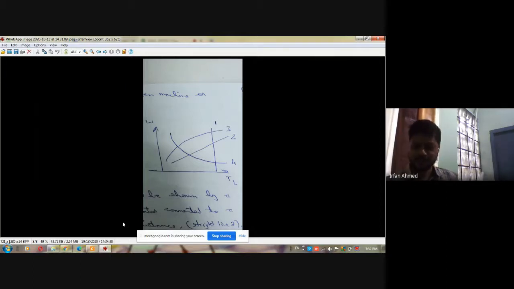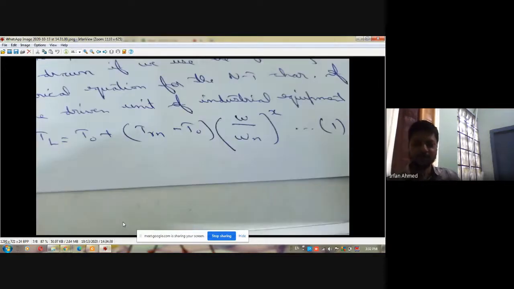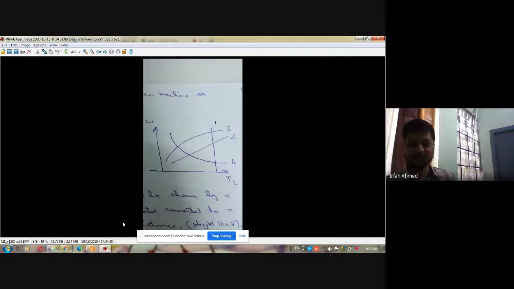Actually, the problem is that both the diagram and the equation are taken from the book, but the diagram and the equation are not matching. In the equation, omega is the independent variable and TL is the dependent variable. But when he has drawn the diagram, he has taken TL as the independent variable and omega as the dependent variable. That is why the problem is coming.